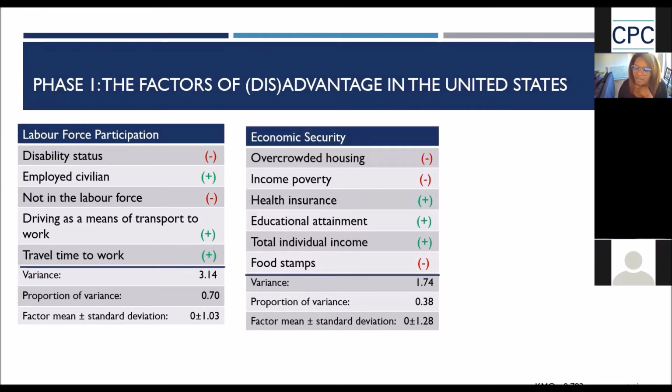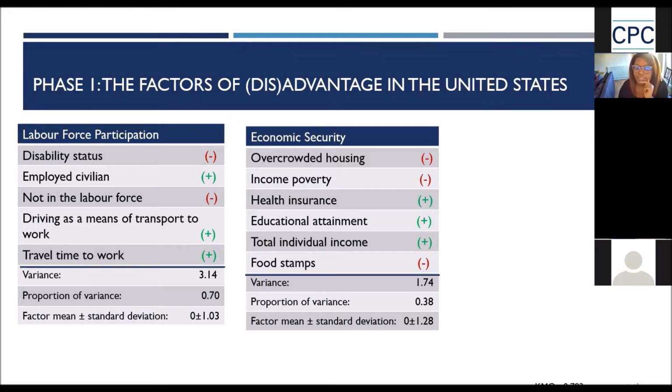Then we have economic security. 6 items loaded on this: health insurance, living in overcrowded housing, total income poverty status, being a recipient of food stamps, and for those of you who don't know, food stamps are a type of subsistence given to people on low income, and one's educational attainment.